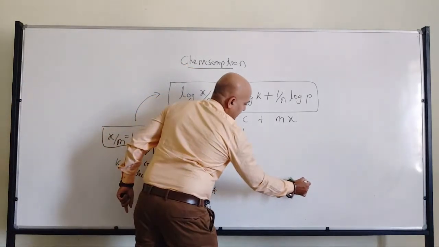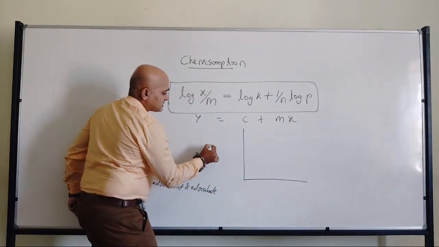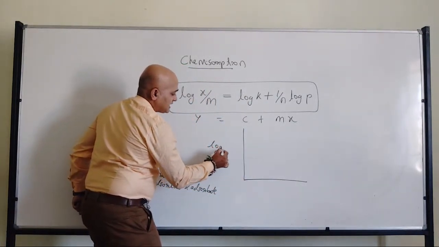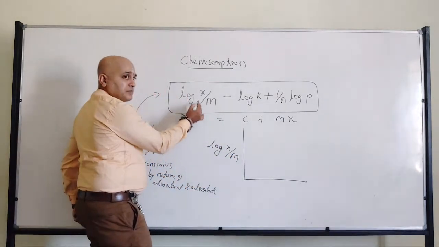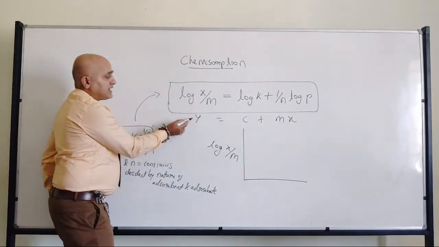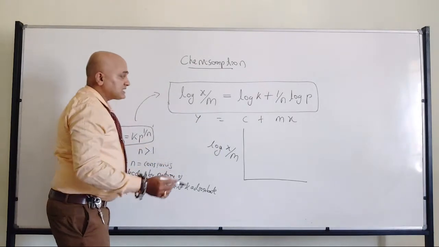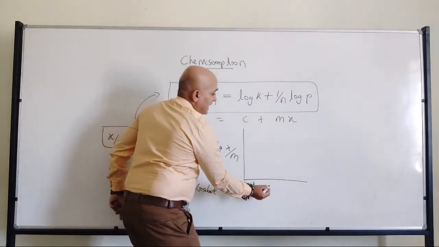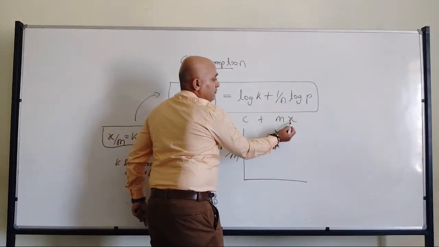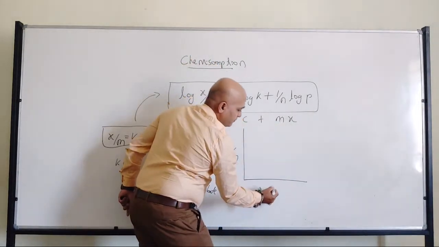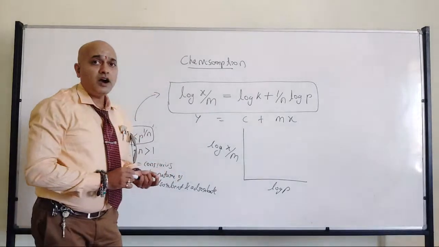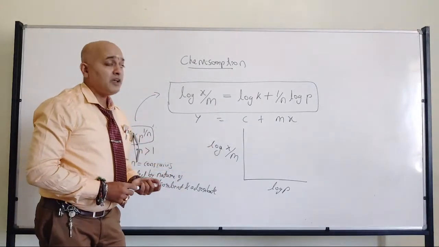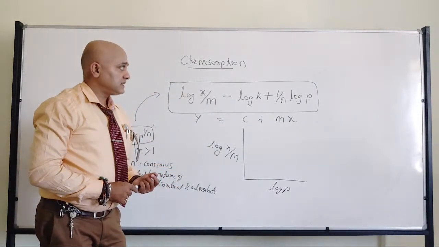I will plot a graph where the y-axis will be log of x by m. The x-axis will be, what is x here? Log of p. So that's what I am writing here, log of p on the x-axis.